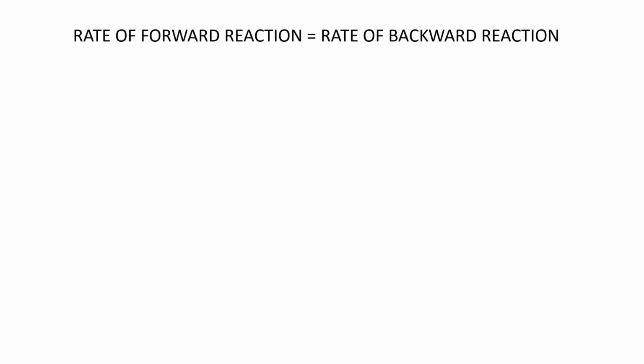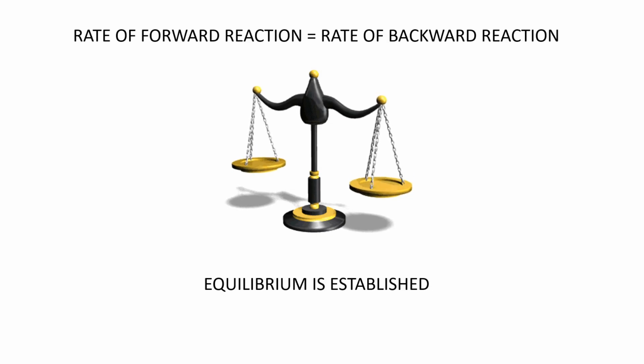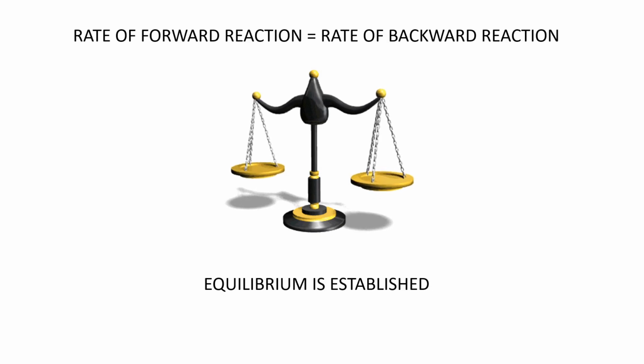Now, if the rate, that is, the speed of the forward reaction becomes equal to the rate of the backward reaction, this gives rise to an equilibrium, and here the equilibrium is established. That is, at equilibrium, the rate of the forward reaction and the rate of the backward reaction both become the same.